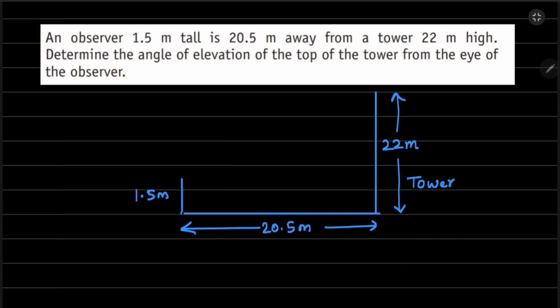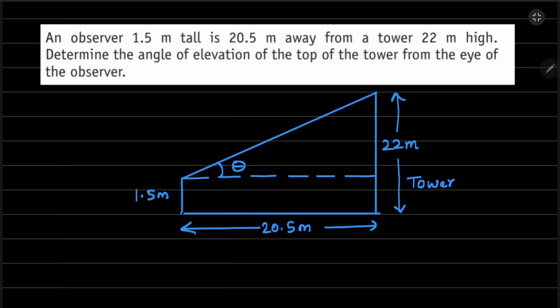That's your first sentence, right? An observer 1.5 meter tall is 20.5 meter away from a tower of height 22 meters. Determine the angle of elevation of the top of the tower from the eye of the observer. So you have to find out the angle of elevation from the eyes of the observer to the top of the tower. Let's draw our horizontal. This is the angle of elevation. You have to find out this theta.